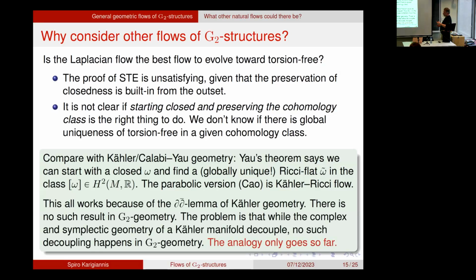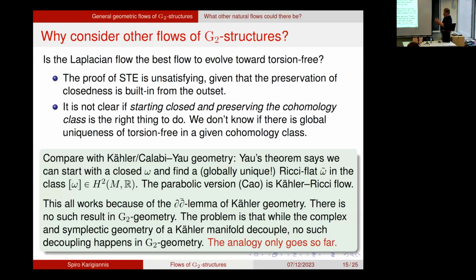It's a fully nonlinear Monge-Ampère equation, which is very hard, but it's a second-order PDE instead of a system of first-order PDEs. And one way to think about why this happens is that in Kähler geometry, the complex, symplectic, and Riemannian geometry are all kind of independent. They have mild compatibility conditions, but any two of them will determine the third.